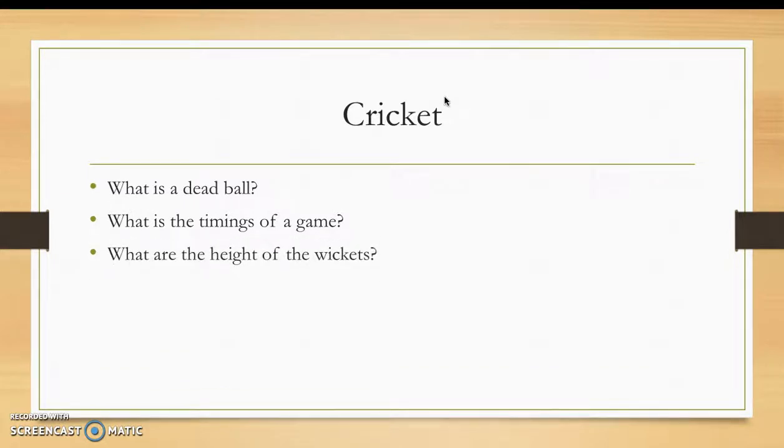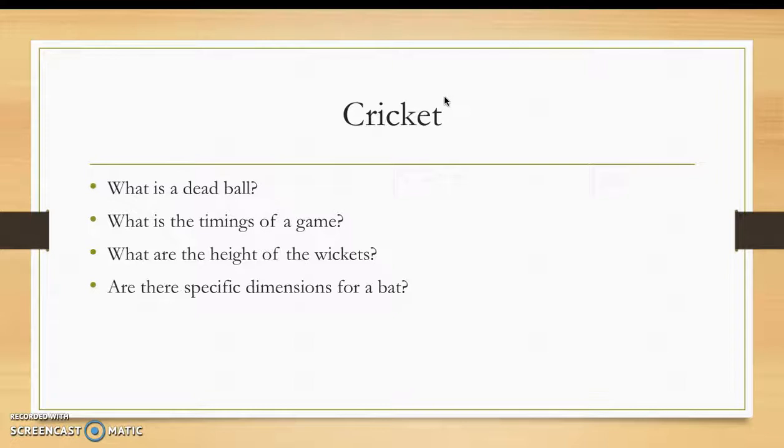What is the height of the wickets? The overall width of each wicket is 9 inches. Each stump is 28 inches tall, with maximum and minimum diameters of 1.5 inches and 1 3/8 inches. Are there any specific dimensions for a bat?